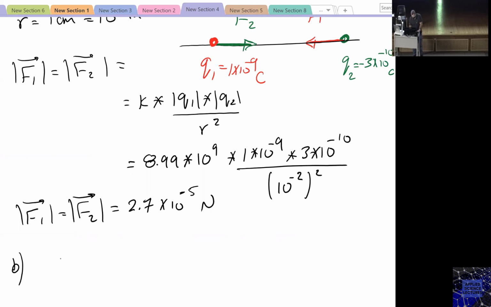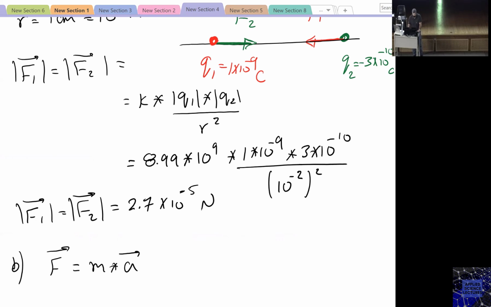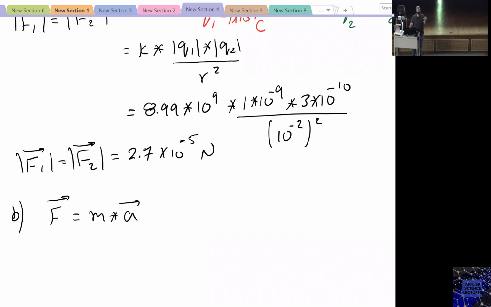So what we know is force equals m times a. Now, since the masses are equal for both ping pong balls, then the acceleration is expected to be equal because the force is equal in magnitude, which means in magnitude, I can say A1 magnitude equals A2 magnitude.